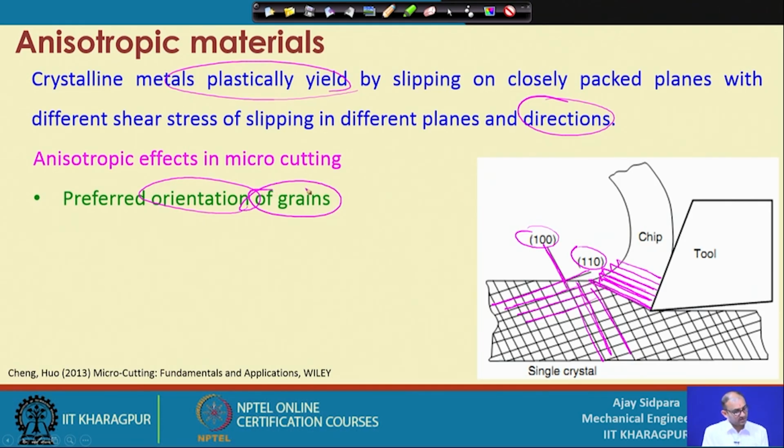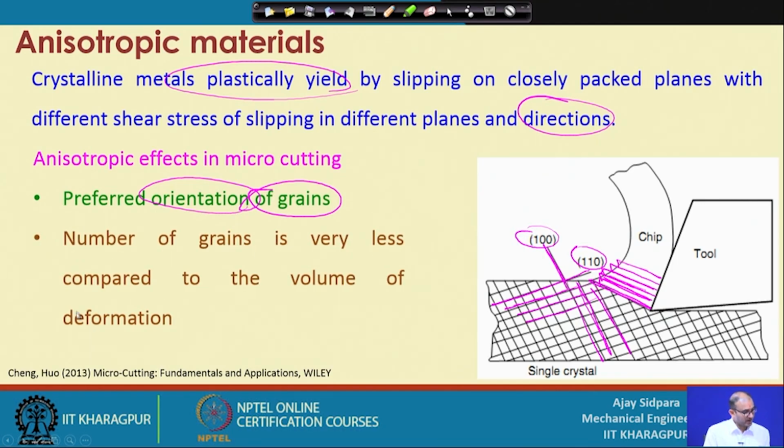Whether you are cutting anisotropic or isotropic material, you have to understand the orientation, how much is projected above this line of the uncut chip thickness and how much is penetrated inside. That will decide whether your tool will cut the material or all the material will be scooped out along with the chip. So, the profile orientation of the grain is important to understand in the anisotropic effect of the cutting tool.